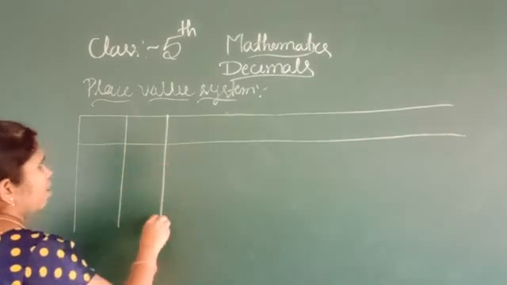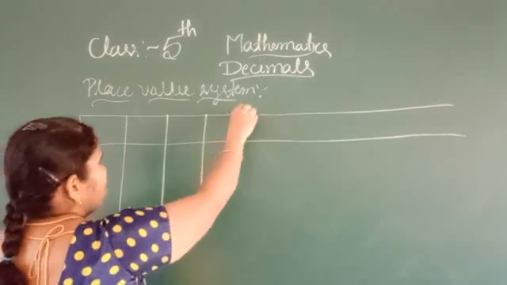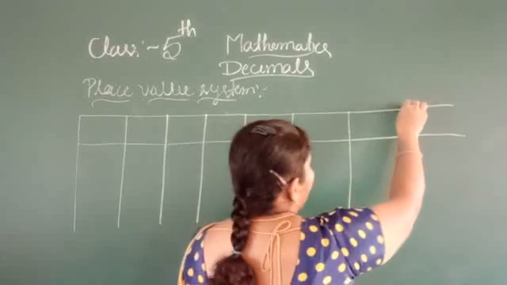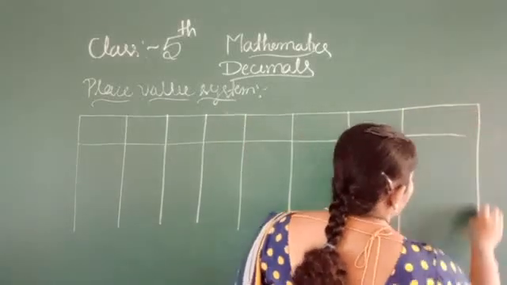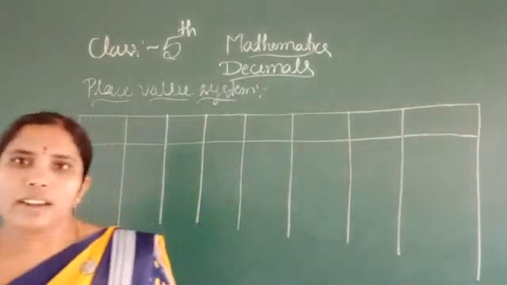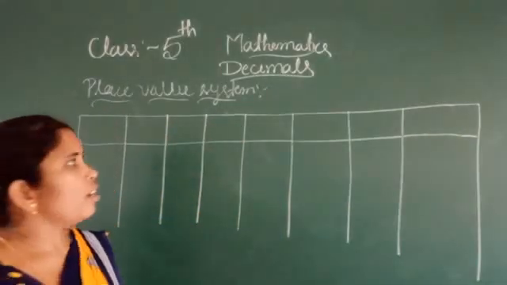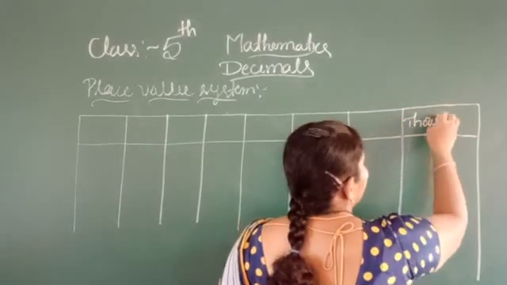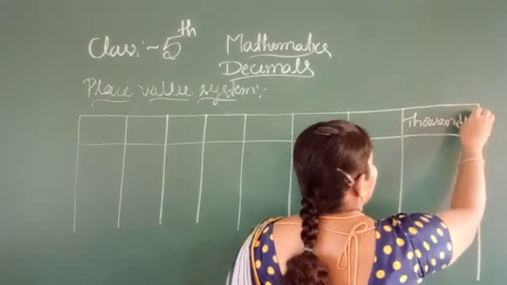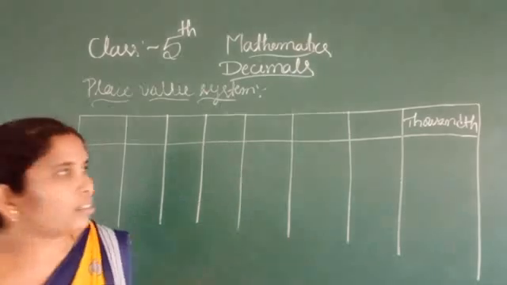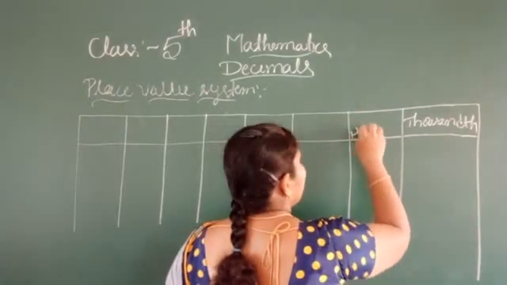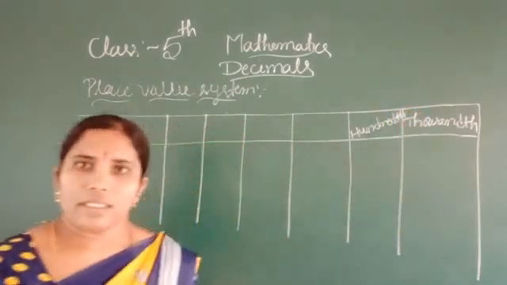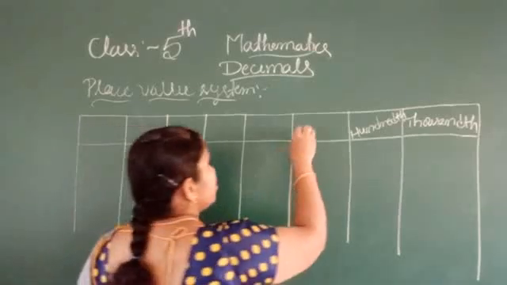Thousand, hundred, ten, ones, decimal point, tenth, hundredth, thousandth. See, observe. This is thousandth. This is hundredth. Then this is tenth.